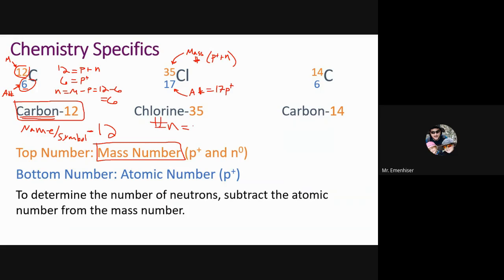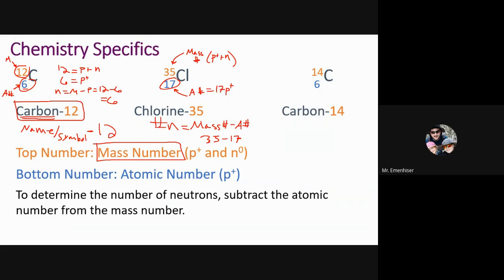We can take the mass number minus the atomic number. So we could take 35 minus 17. That'll give us our number of neutrons in this particular atom of chlorine. All chlorine has 17 protons, okay? But the mass can change.